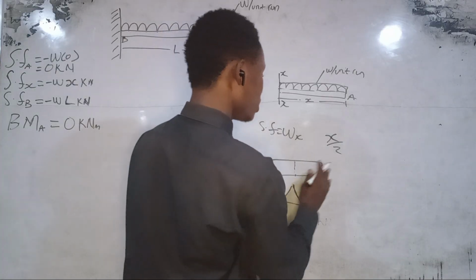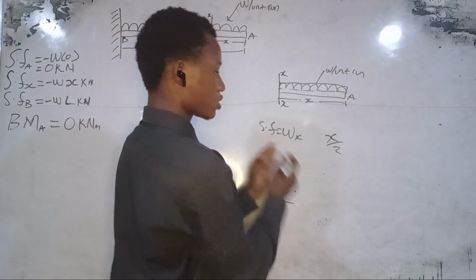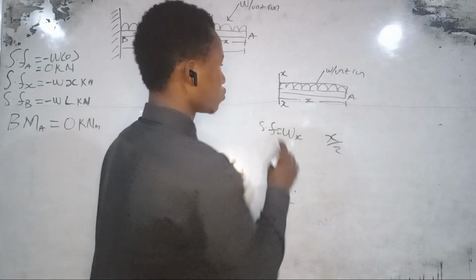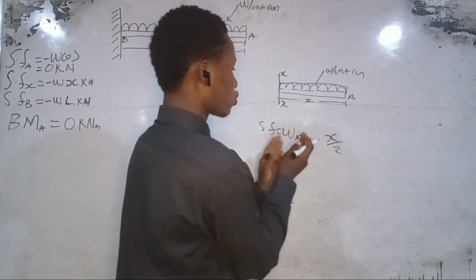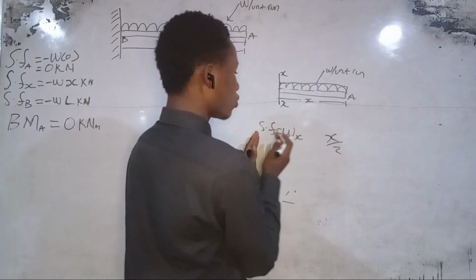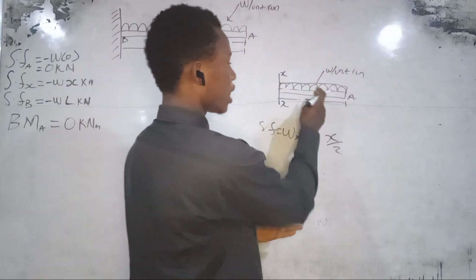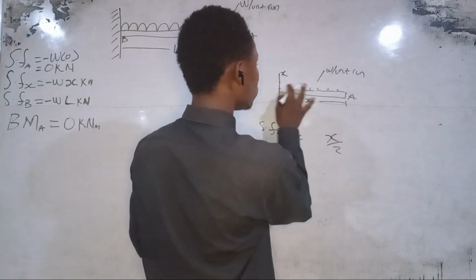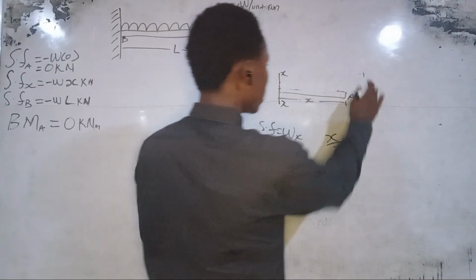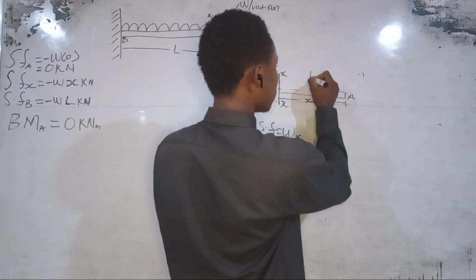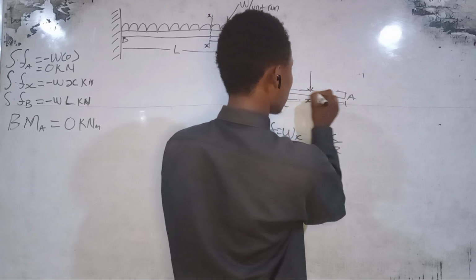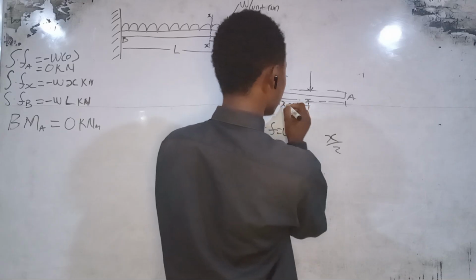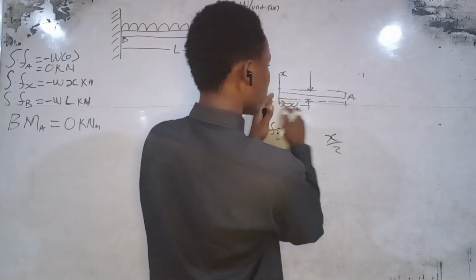So now the bending moment would be the shearing force times the distance from the centroid. Let's say we have found the shearing force. We imagine that we have a point load at the center of the uniformly distributed load, and this point is at x over 2 distance, that is this distance divided by 2.